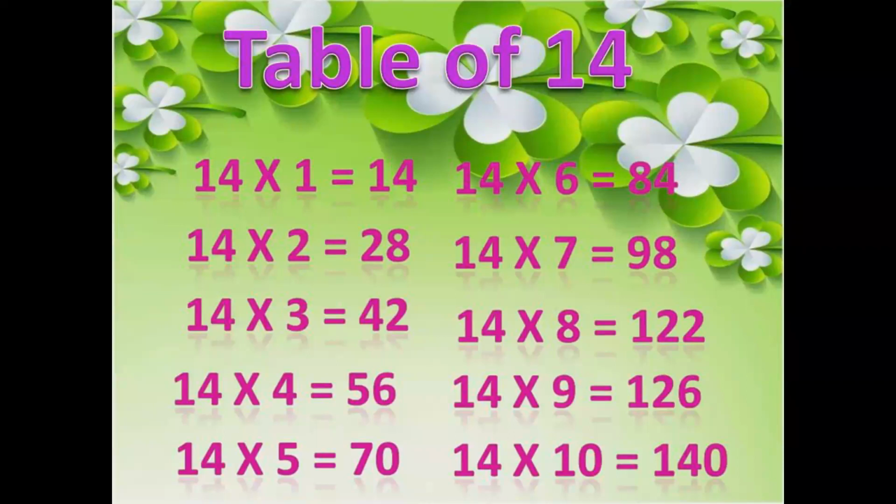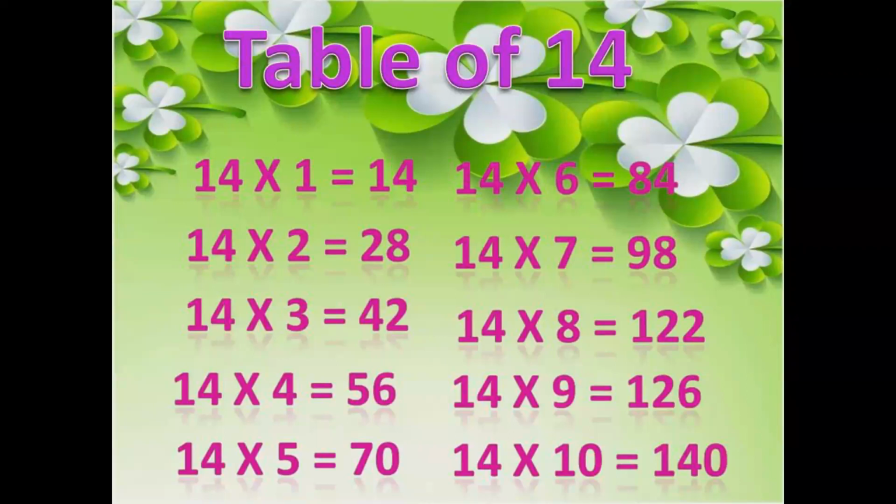Okay, where is Shivam? 14 ones are 14, 14 twos are 28, 14 threes are 42, 14 fours are 56, 14 fives are 70, 14 sixes are 84, 14 sevens are 98, 14 eights are 122, 14 nines are 126, 14 tens are 140. Thank you, miss.